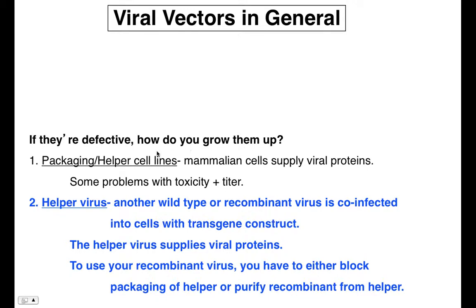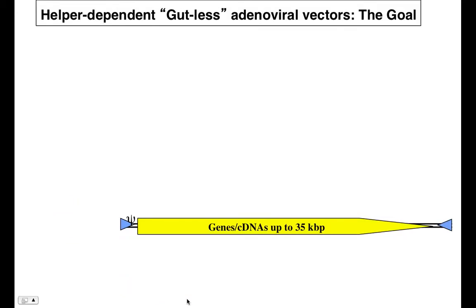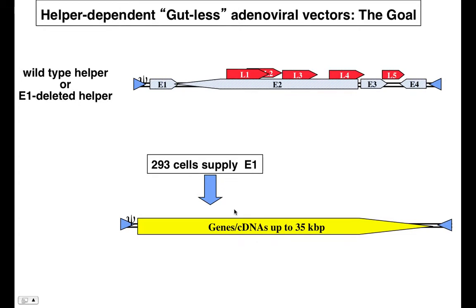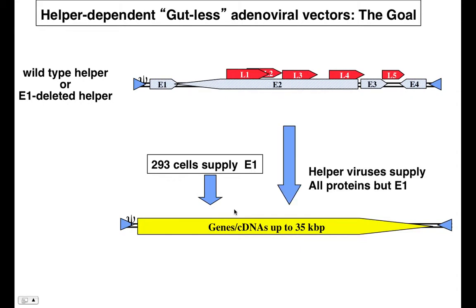So if they're defective, the other way to grow them is with helper virus, which we got into a little bit. So you have your gene with the packaging signal and the ITRs on either end. 293 cells will be where some of these are grown, and that'll supply E1. So wild type helper with E1 deleted can also be the helper, depending on if you want it to replicate or not.